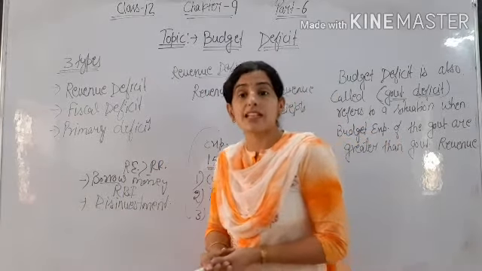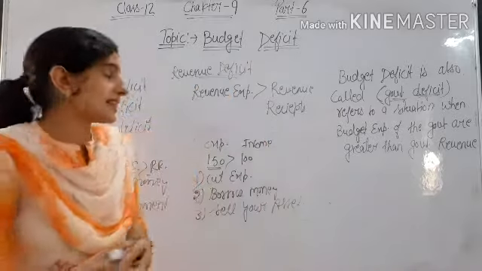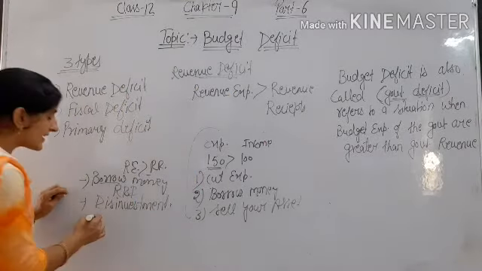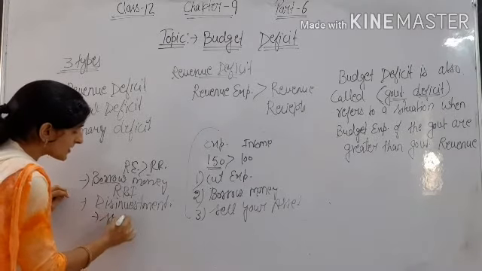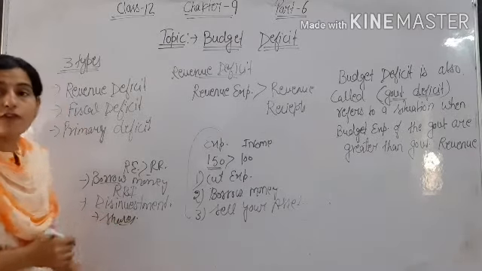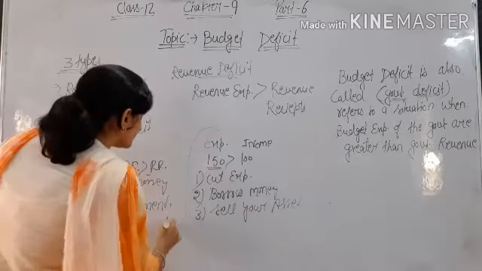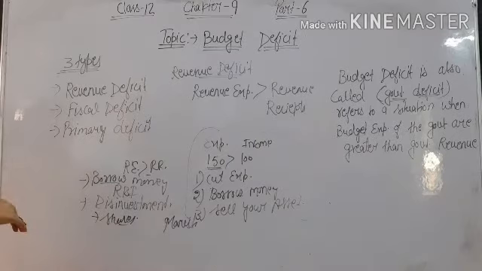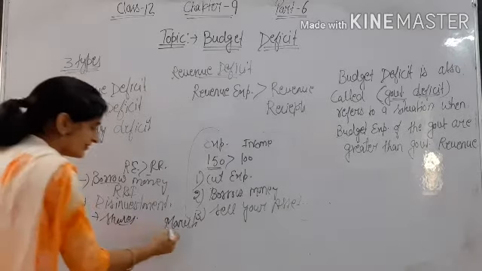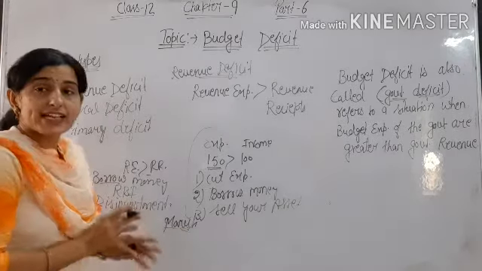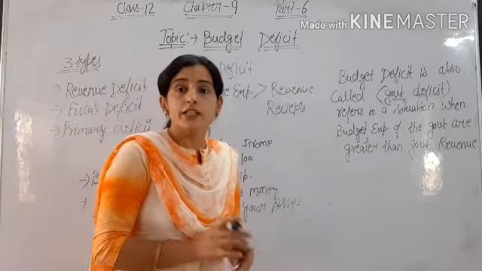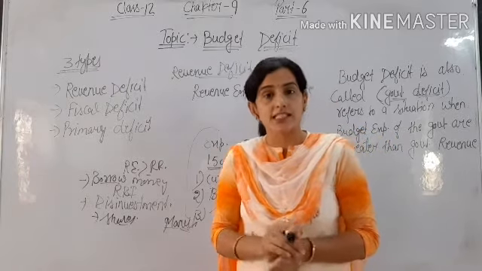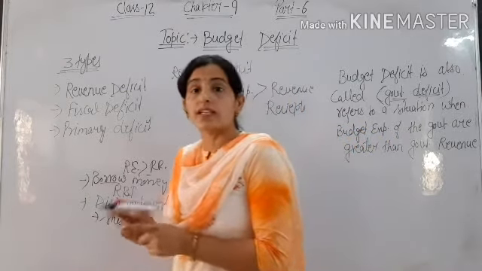Disinvestment means the government sells its assets. It can sell any company to a private individual, or the government can sell shares. For example, the government purchased shares of a company like Maruti. Then the government sells shares of Maruti to the public, so there is a reduction in the assets of the government, and that is called disinvestment.